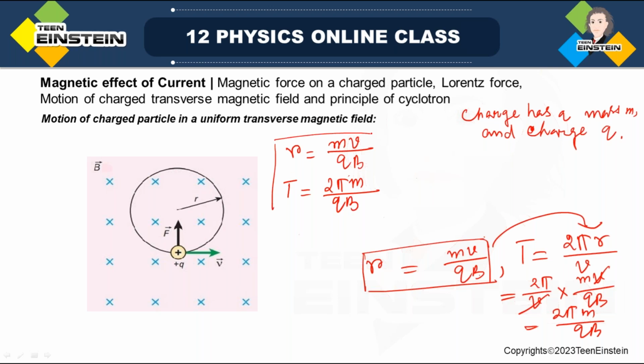In both cases, mass is a factor, and q and B, charge and magnetic field, are factors.